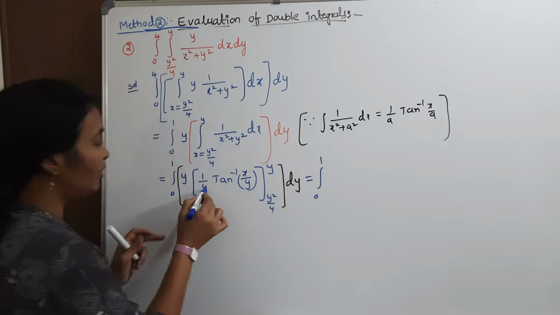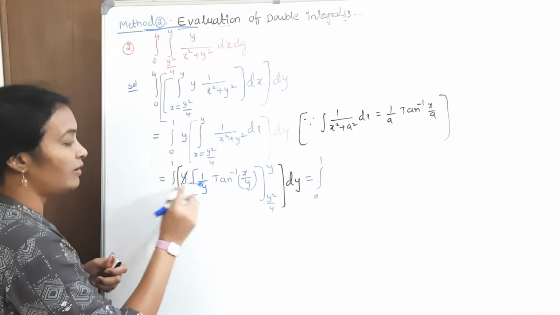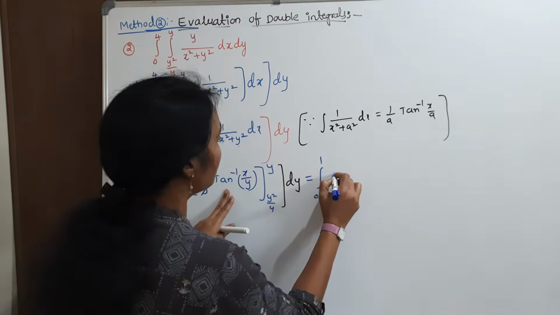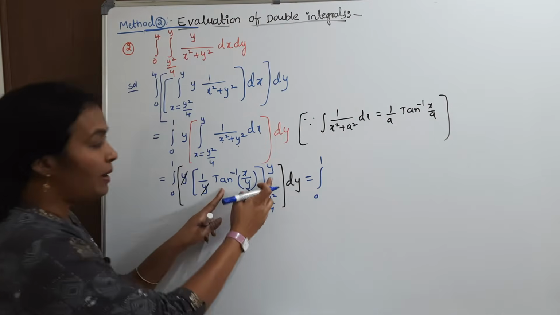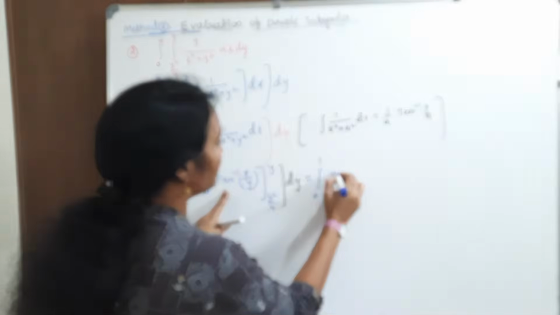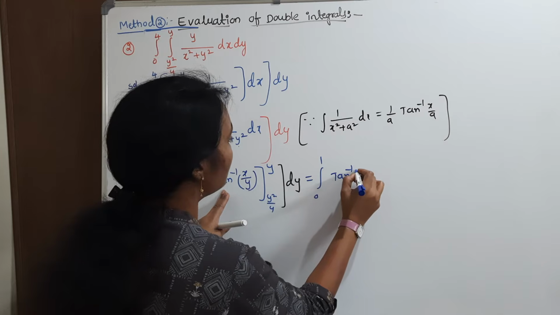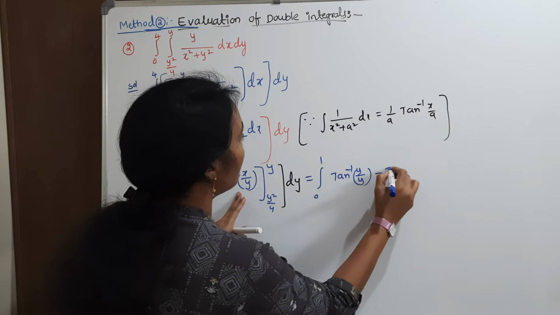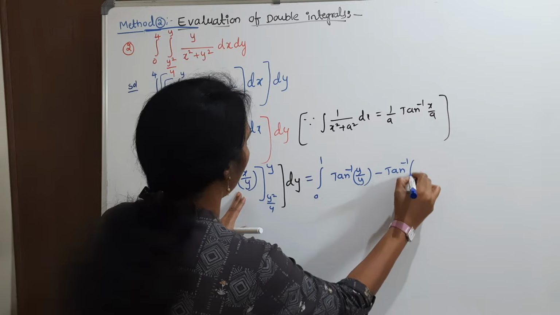See all of you, these two get cancelled, y and y. Then what is the remaining term here? Tan inverse. See, apply the upper limit in the place of x. It changes to tan inverse y by y, upper limit, minus the lower limit, tan inverse.